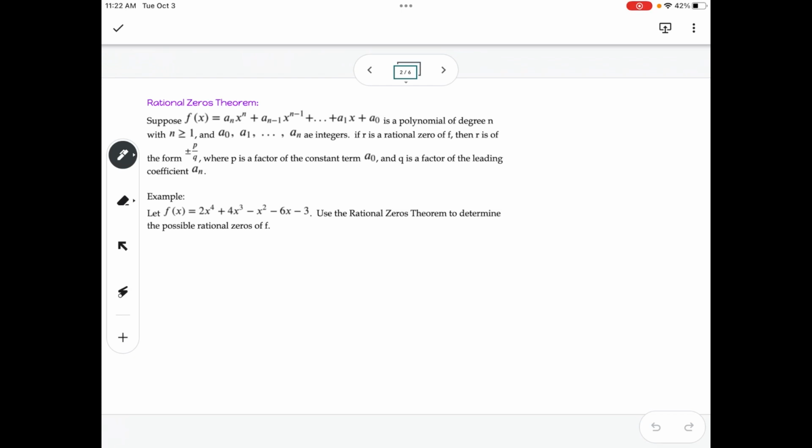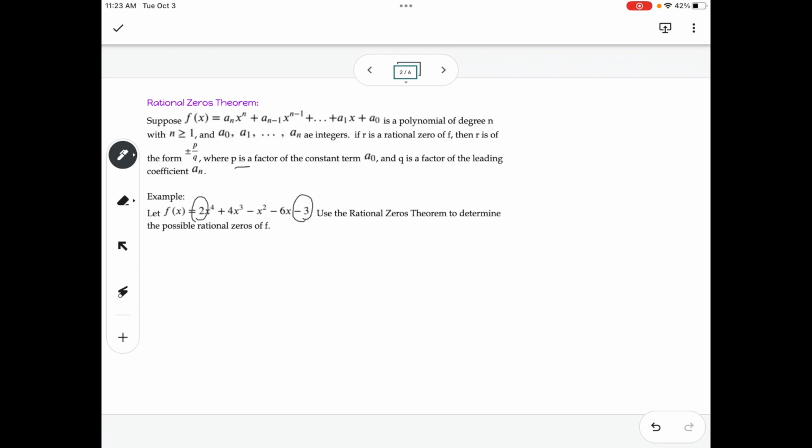If r is a rational zero of f, then r is of the form plus or minus p over q, where p is a factor of the constant and q is a factor of the leading coefficient. So we are only interested in the constant and the leading coefficient. My leading coefficient is 2, and my constant is -3.